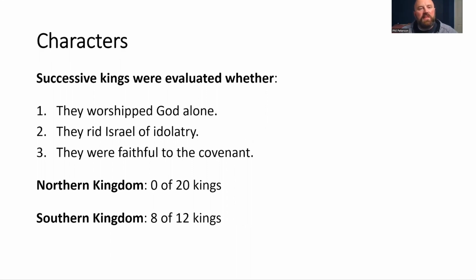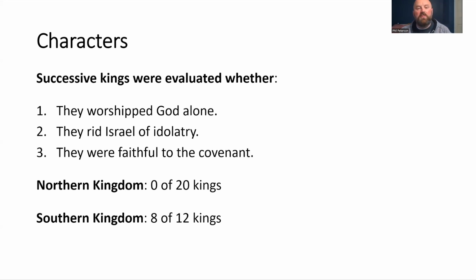And as we look at the kings, you'll see repeated statements about whether or not they worship God alone, whether or not they rid Israel of idolatry, whether they are faithful to the covenant. And so how did they do? Well, Israel, the northern kingdom, 0 of 20 kings fulfilled that evaluation well.